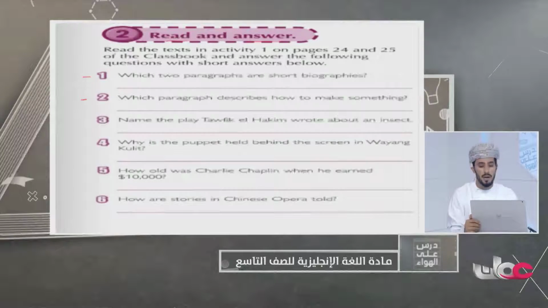Read the texts in activity 1 on pages 24 and 25 of the class book, and answer the following questions with short answers below. As I told you, in the previous class we did a listening activity, and before listening to the script, we first of all read the questions, so that we got a general outline about the script.